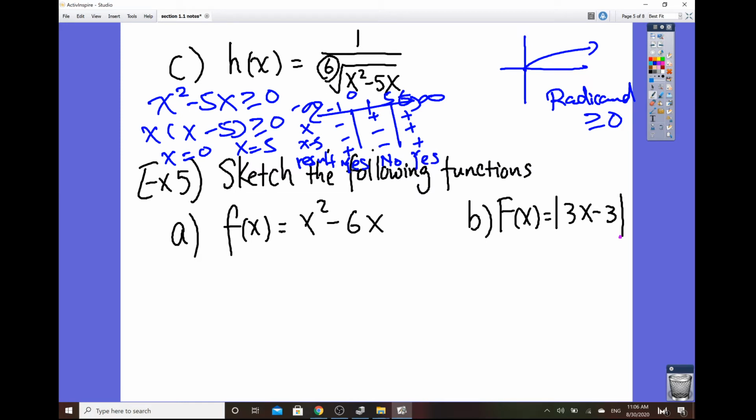And as you can see in the yes column, what we have is from negative infinity all the way to 0. Again, 0 is included because of the equal sign. And then union, 5 is also included because it's greater than or equal to 0, so 5 all the way to infinity.